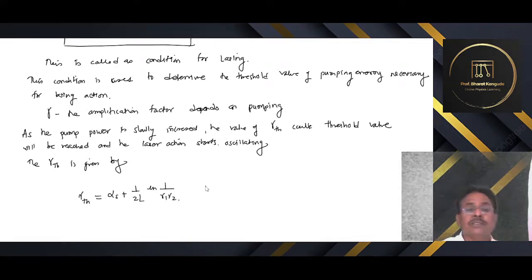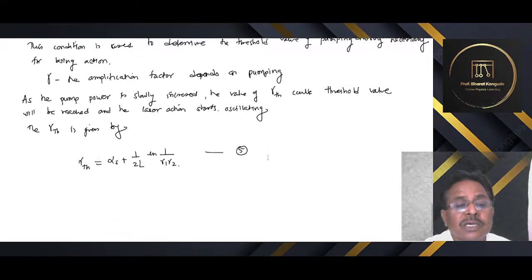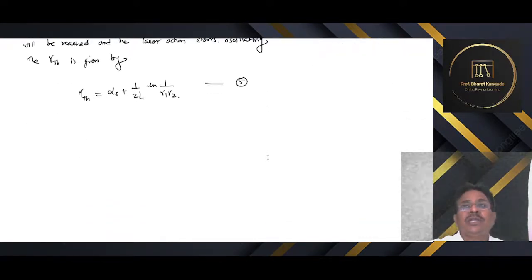This is our equation number 5. This is a very important equation, which tells you that if the amplification constant gamma is more than gamma threshold, then there is laser action. If this condition is not satisfied, there can't be any action here.